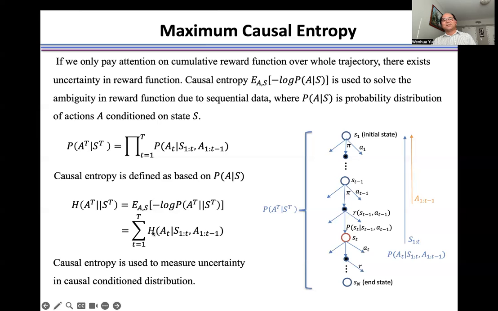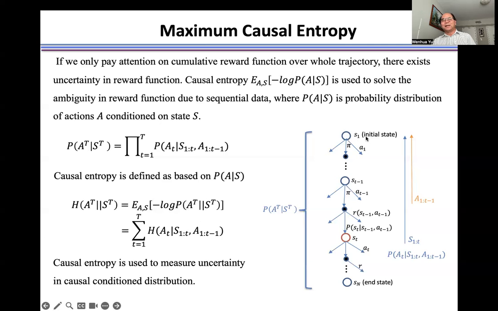That's interesting because this entropy is not over the whole trajectory. It's defined locally, because whenever an agent moves one step forward, from this point we look back, get a short sequence, and then define entropy on this sequence.